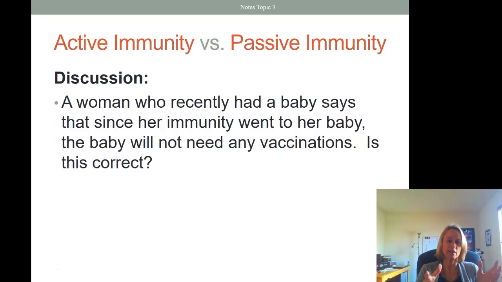Remember, those antibodies degrade over a period of time. So the baby will need vaccinations because the baby only acquired passive immunity, which is not long-lasting. So the baby will need vaccinations in order to acquire active immunity.